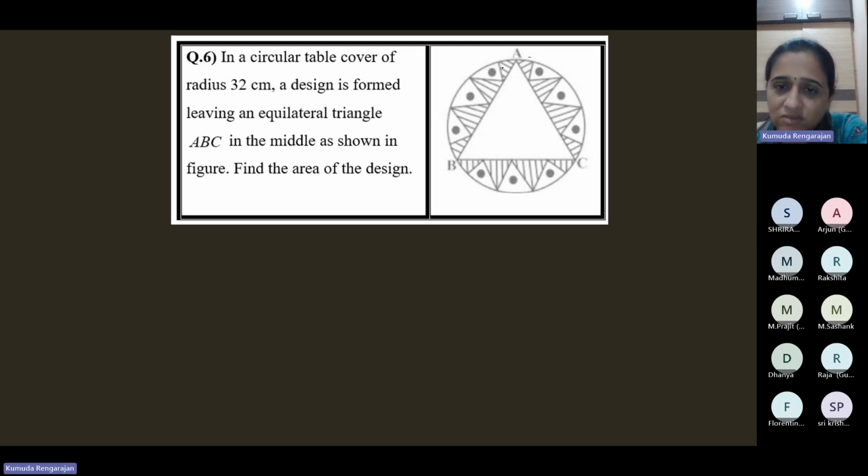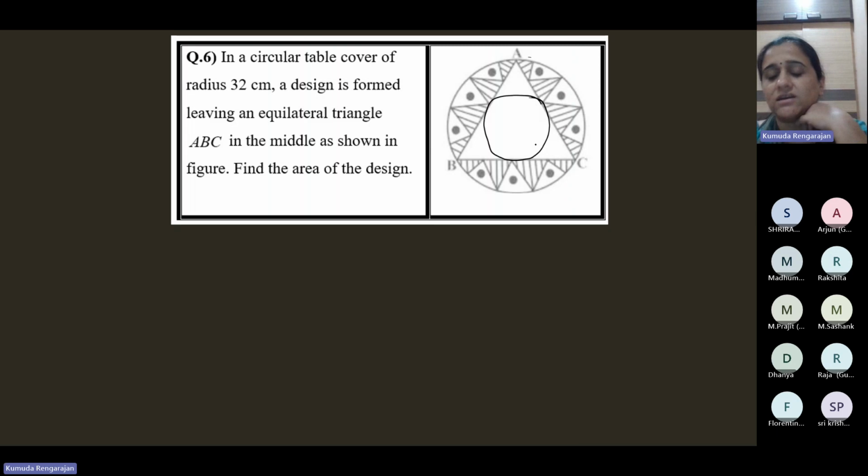A circle which runs through the vertices is a circumcircle. A circle that touches the sides of the triangle like this, which lies inside the triangle, is the incircle.